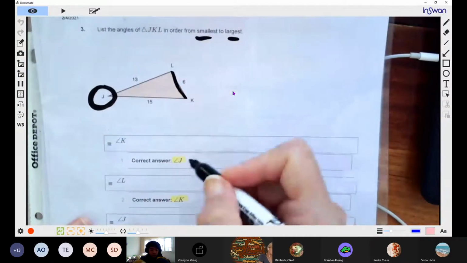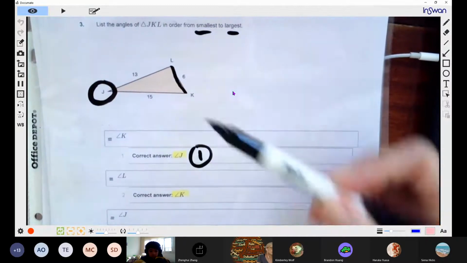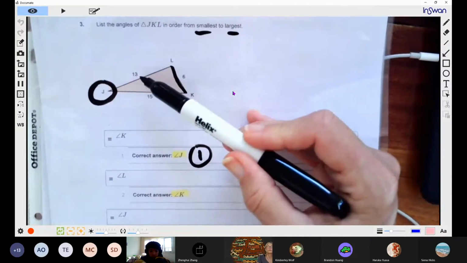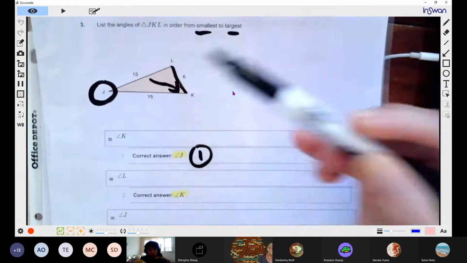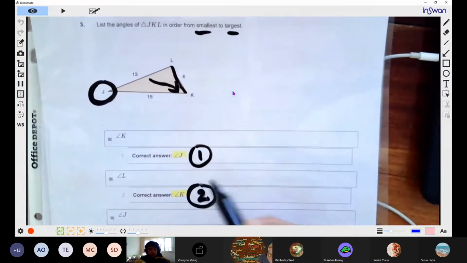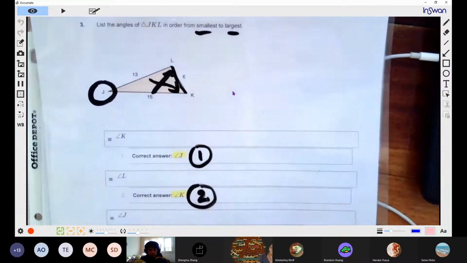So the first, and you just drag these around, the first one is angle J. The second one is 13, because that's the number in the middle. And so 13 is across from angle K. That's going to be the middle one. And the longest is 15, which is across from angle L, and that's going to be your largest.